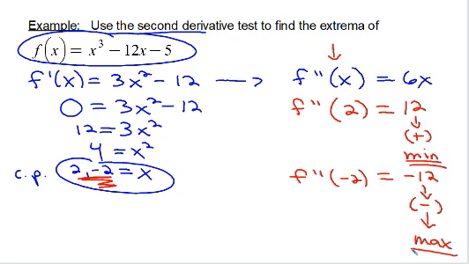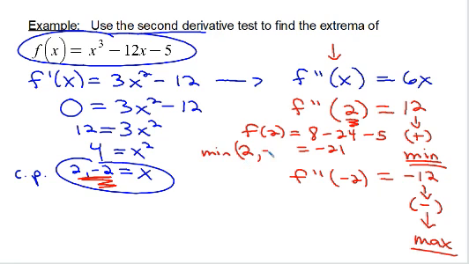So I can find the minimum value by plugging the 2 into the original function, find f of 2, which is going to be 8 minus 24 minus 5. That's going to be negative 21. So our minimum value happens when x is 2 and y is negative 21.